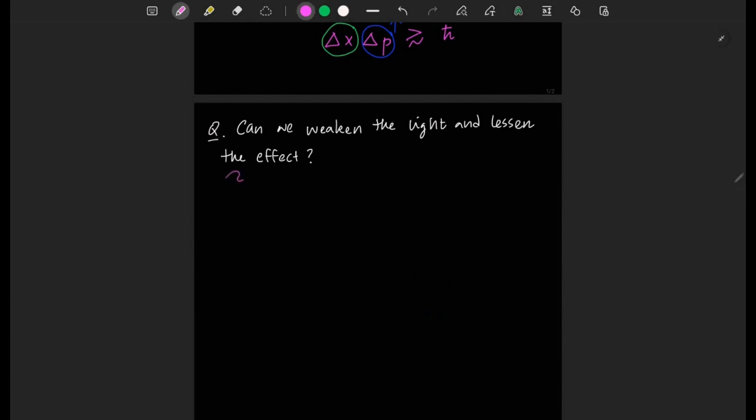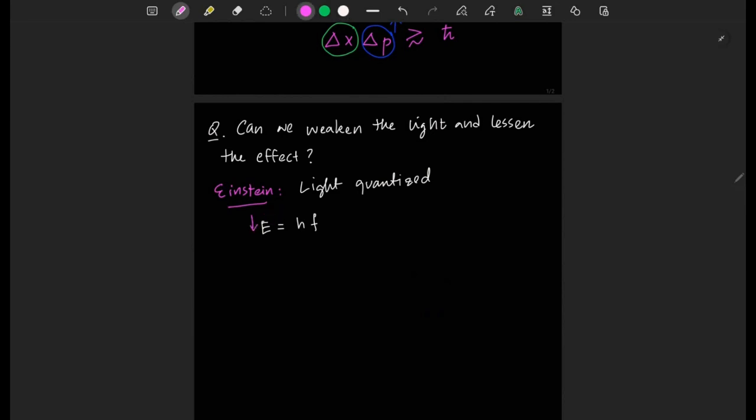Our friend Einstein told us that light is quantized. Light is quantized, and it has energy that is determined by its frequency. So h times f. h is the Planck constant. h bar and h are related by a factor of 2 pi, which is not important at this point. And a weaker source of light means lower energy.